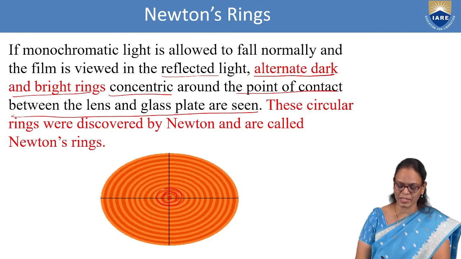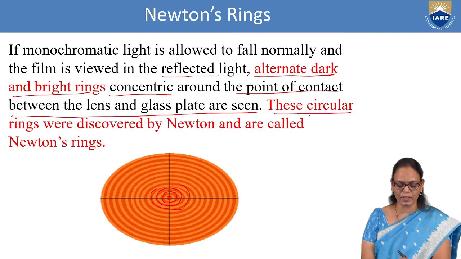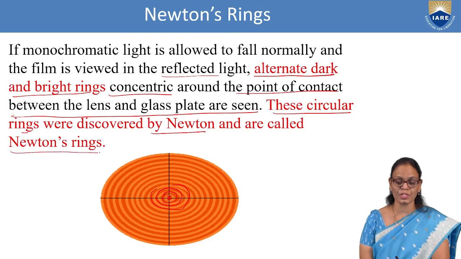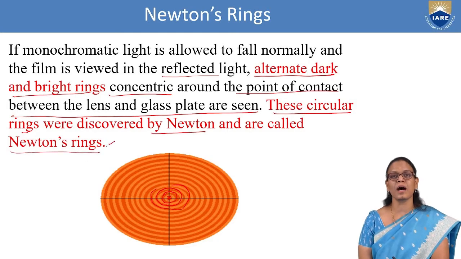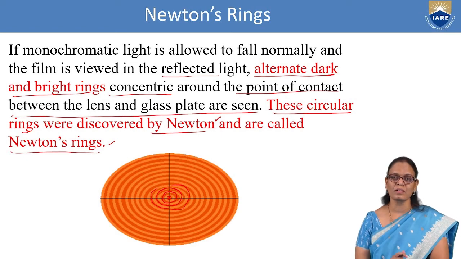These are concentric circles. So what we are seeing here is a dark, bright and so on, concentric. These rings are circular and were observed by Newton. So we are calling them Newton's rings. These rings are named after the scientist Newton who discovered this pattern. Okay, so we are now going to understand how these rings are formed and the experimental setup for it.